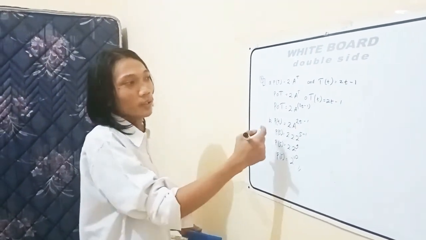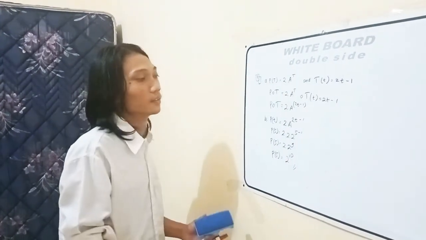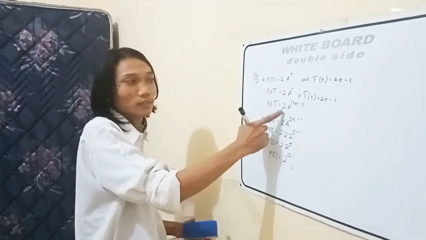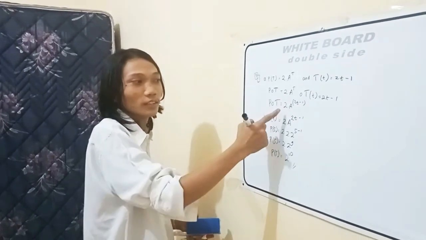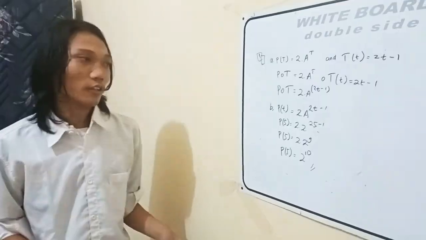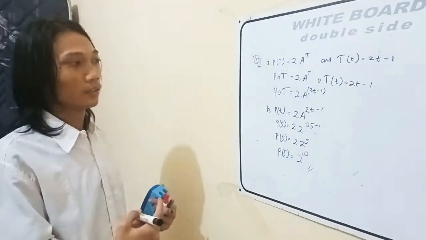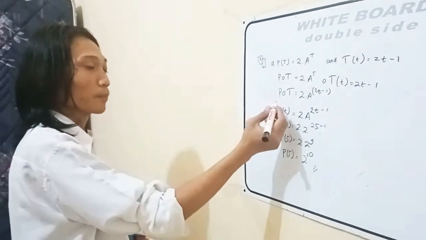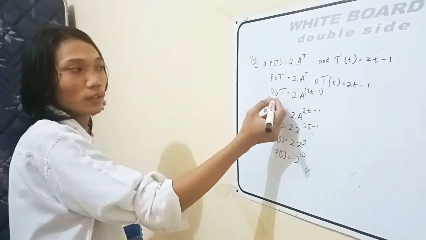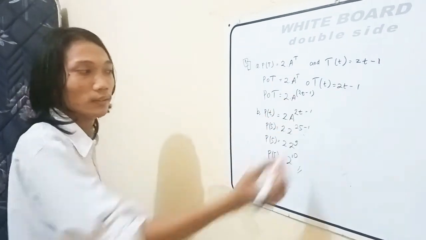So we compose function P and function t, and we get P composition t is equal to 2 times a to the power 2t minus 1.